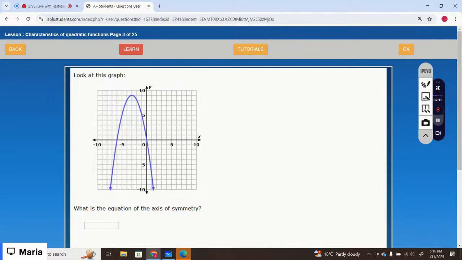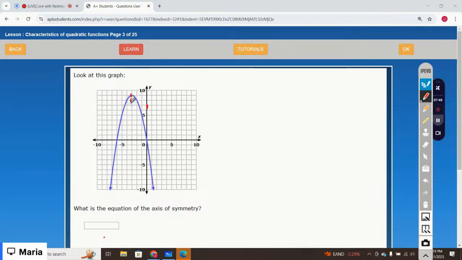Look at this graph. What is the equation of the axis of symmetry? So the axis of symmetry is the point, X is 1, 2, 3, I think 4, -4, and Y is 9.